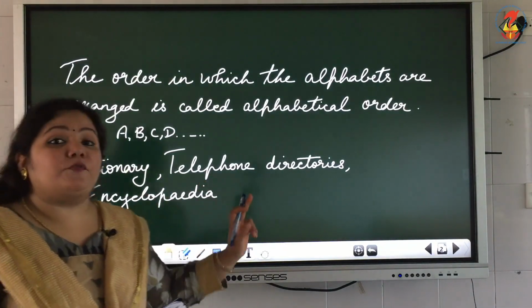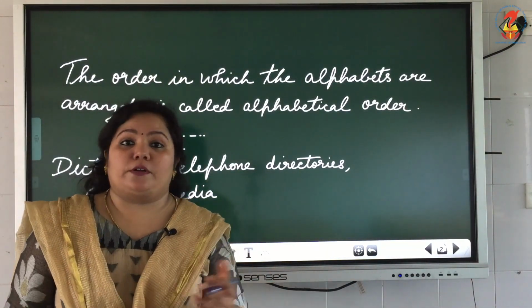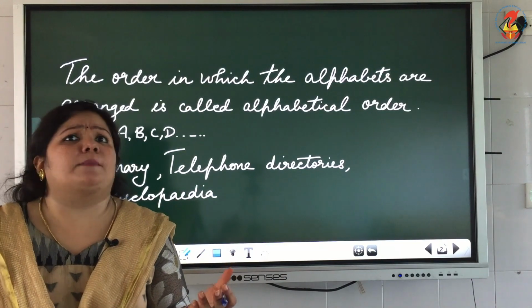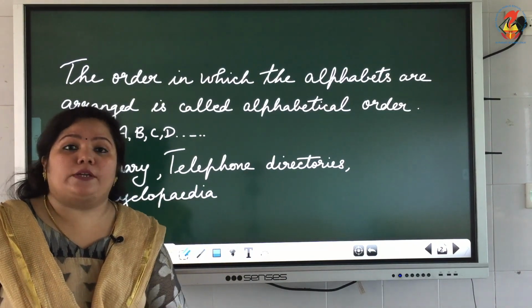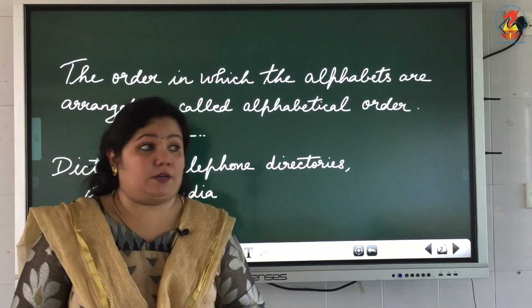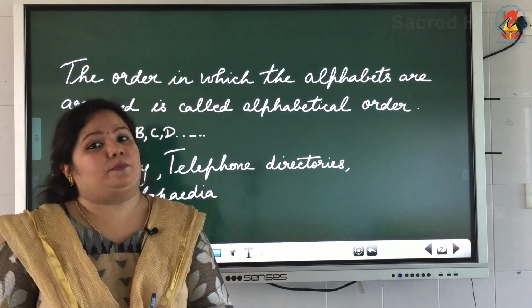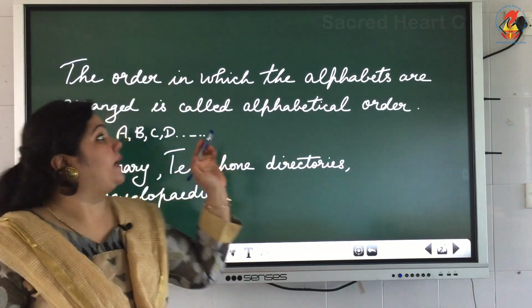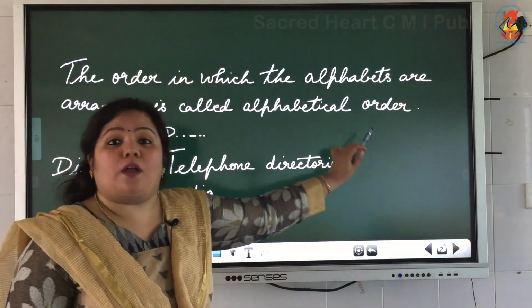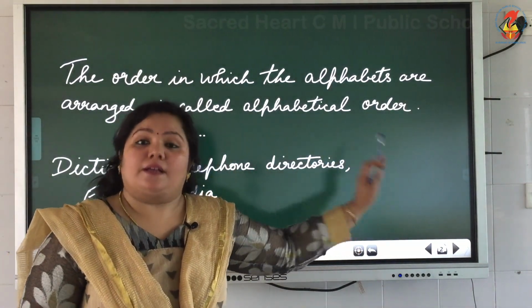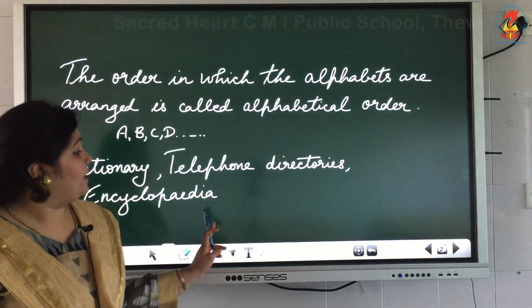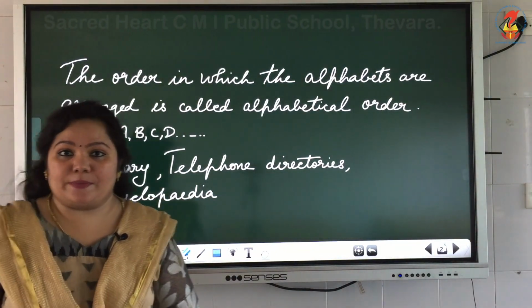Same way in telephone directories, when we want to find out somebody's phone number, what do we do? We refer to the telephone directories, but in that also the names of people would be according to the alphabetical order. Similarly, all of you will be having encyclopedias at home, right?